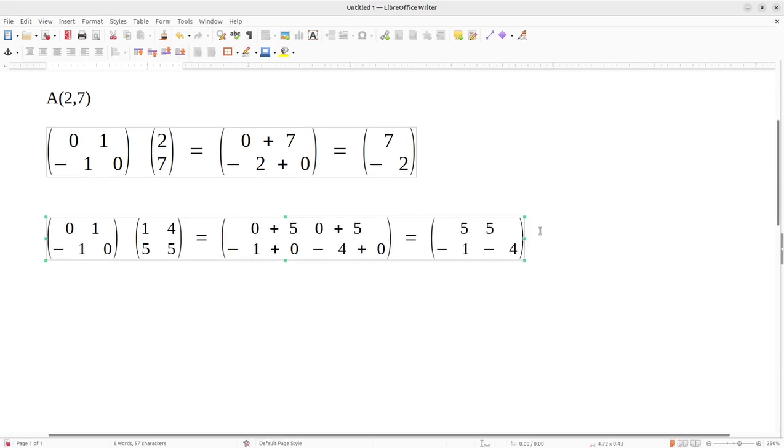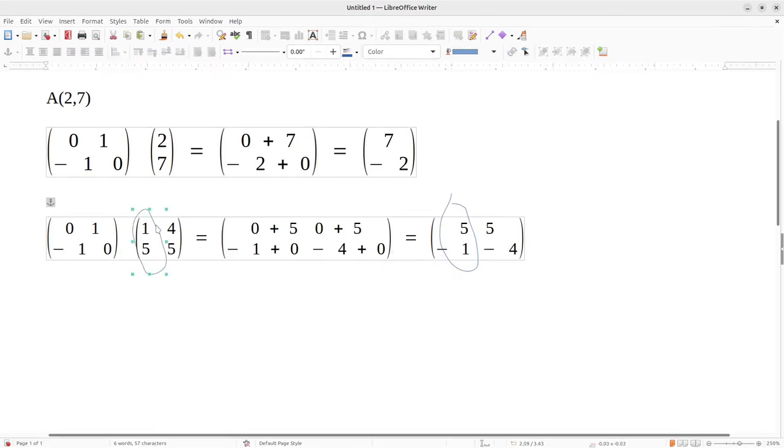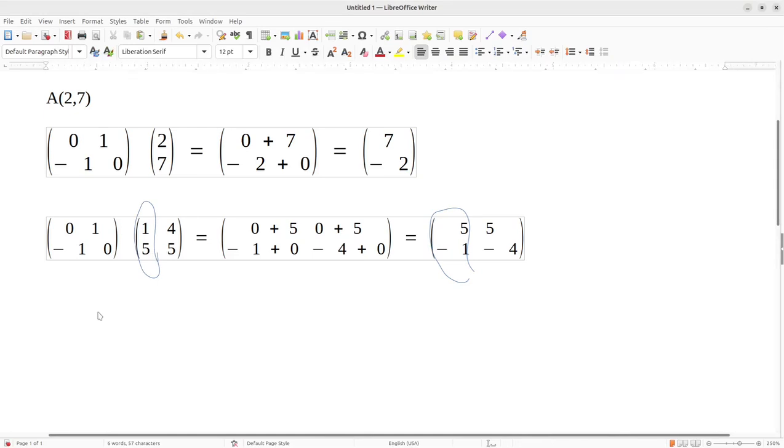So the image of (1, 5) is going to be this one here. That's the image of 1 comma 5. It's 5, negative 1. So let's write that.